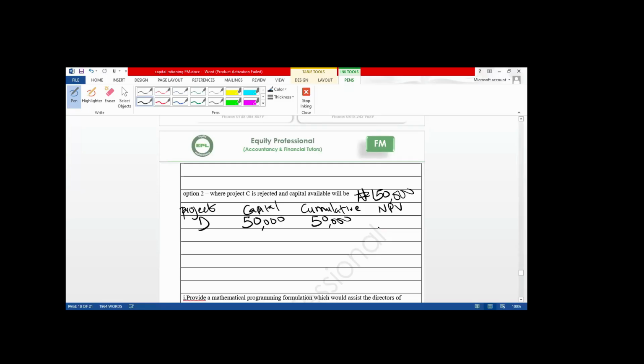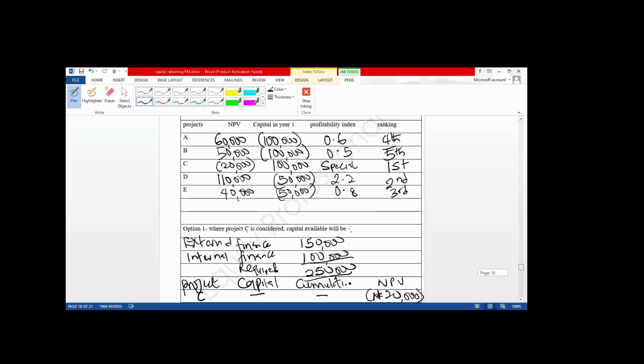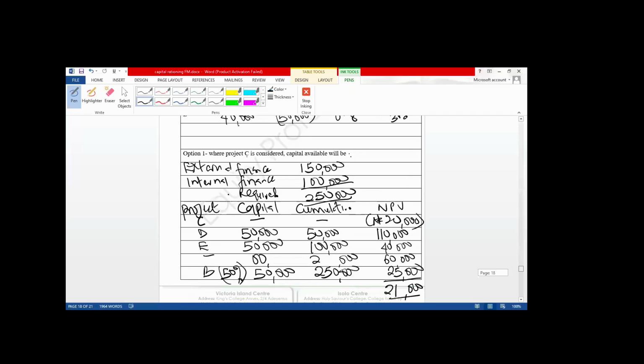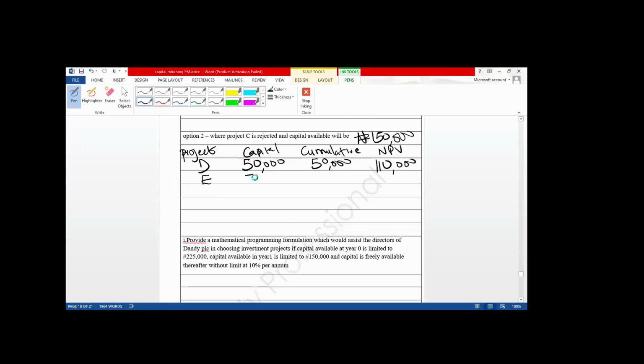Cumulative 50,000. NPV 110. Followed by project E. Capital required 50.